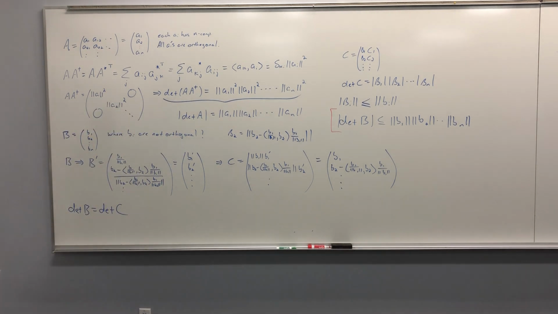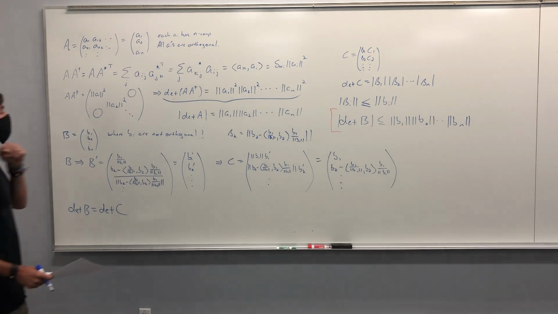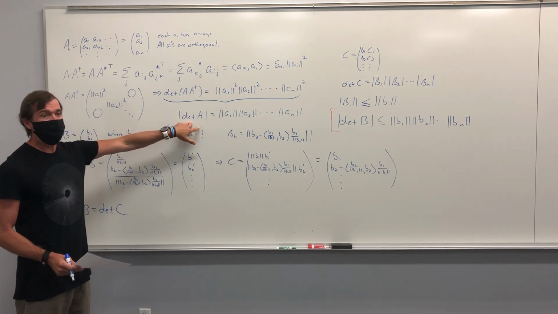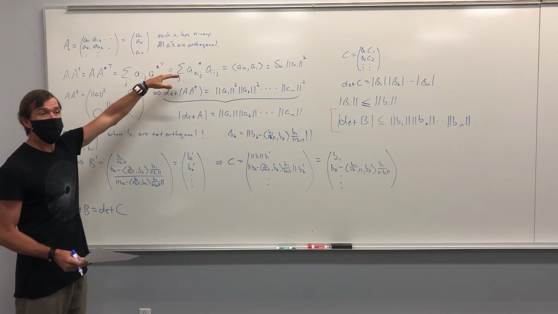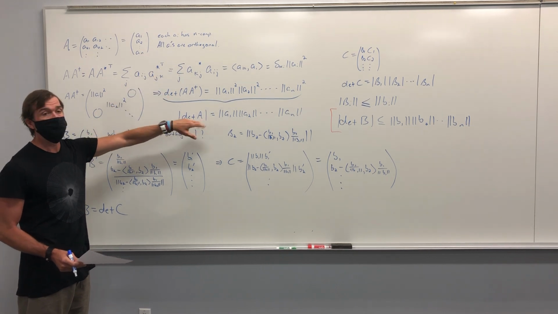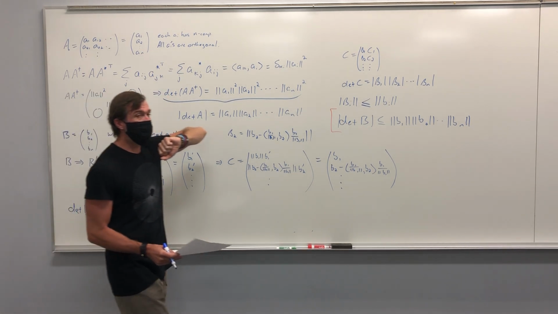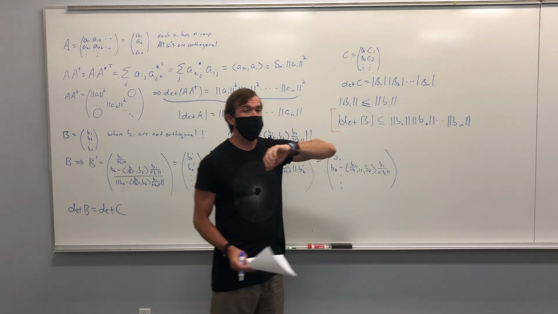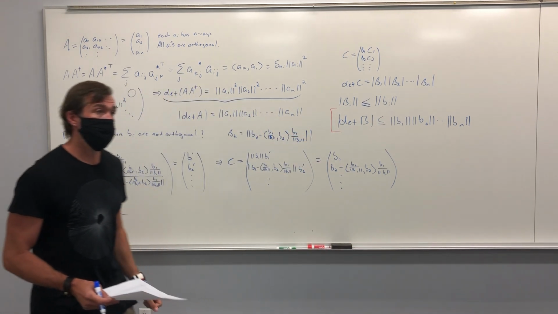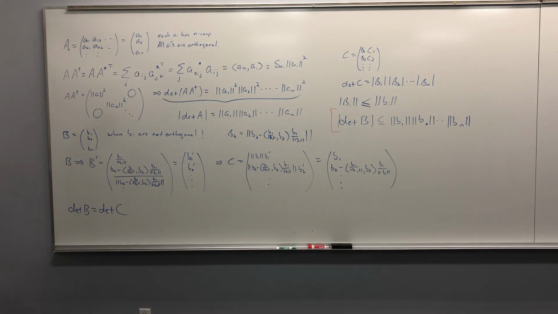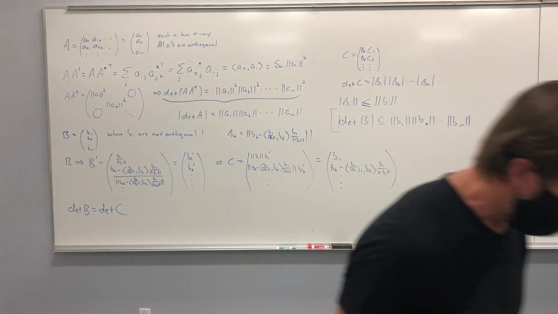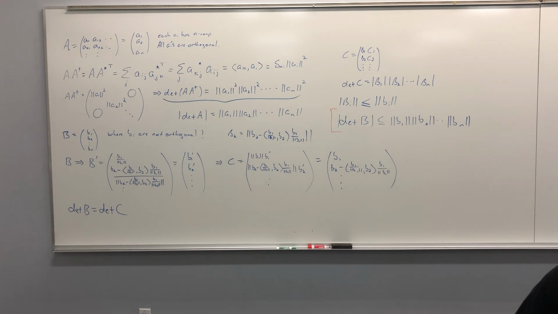Remember, if A starts out in this special form where all of the vectors are already orthogonal, then it's equal. But it turns out there's an inequality satisfied by an arbitrary matrix. All right? Any questions about that? No questions? Okay, I told you it's going to be terrible today. All right.